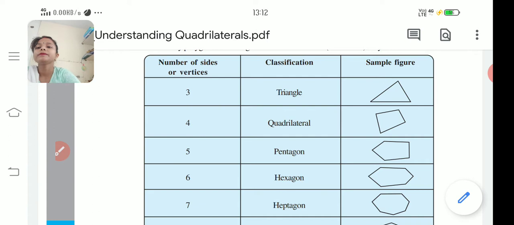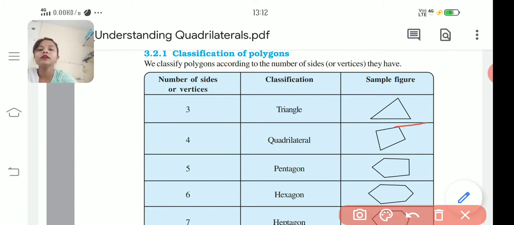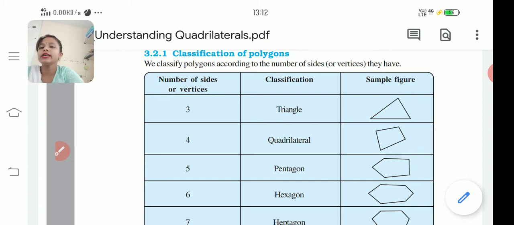By using 3 line segments we can form a triangle, and the figure of a triangle is this one. Next, if 4 line segments are there, then it will be a quadrilateral. Now see the figure given here.